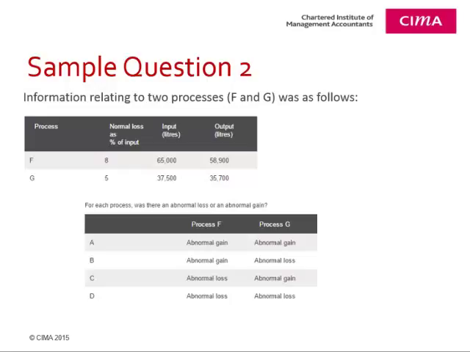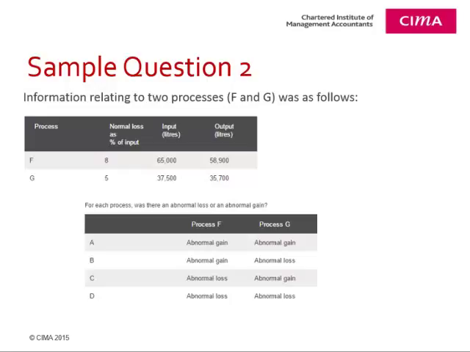So to solve this, we've got to consider each process separately. So let's have a look at process F. Normal loss is 8%. So the expected output is 92% of input. Input was 65,000 liters, thus the expected output was 59,800 liters.